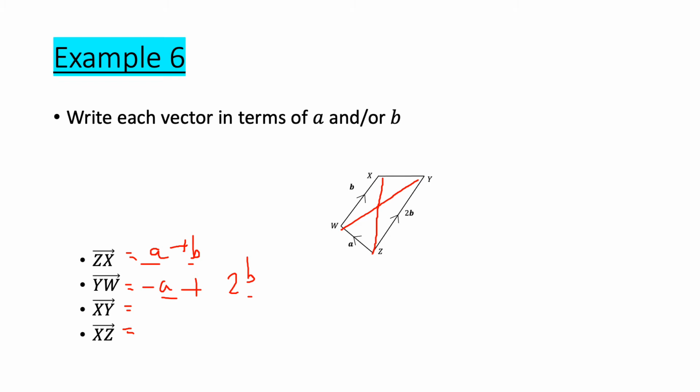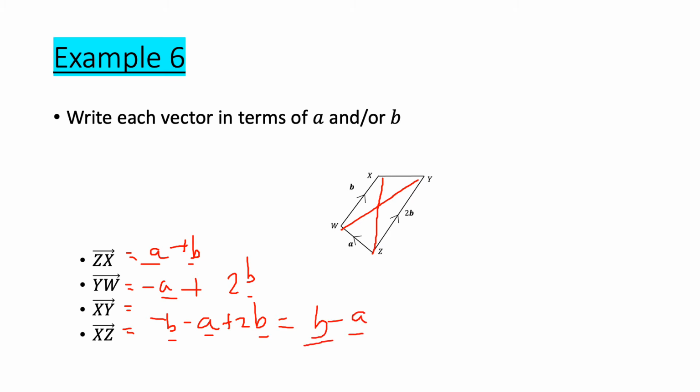Okay, so WY is that way plus that way. XY, okay, XY is going to be this, so minus B minus A plus 2B. So it's going to be B minus A. Okay, so I hope what I'm saying so far makes sense.